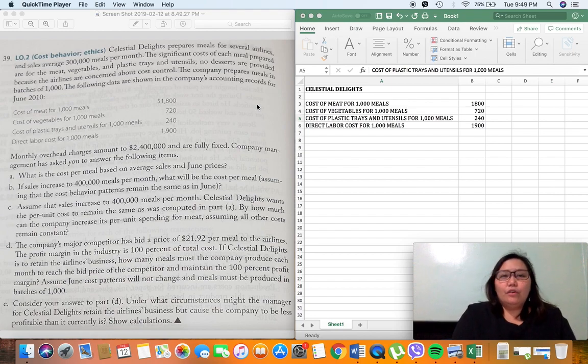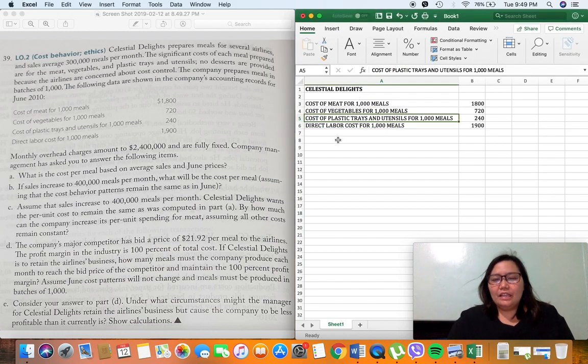The significant costs of each meal prepared are for the meat, vegetables, and plastic trays and utensils. No desserts are provided because the airlines are concerned about cost control. The company prepares meals in batches of 1,000. The following data are shown in the company's accounting records for June 2010.